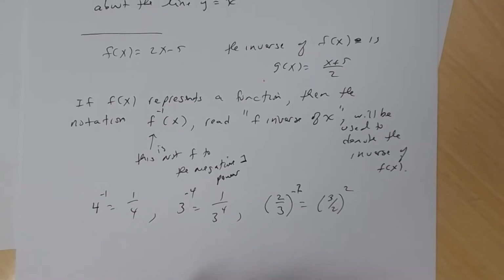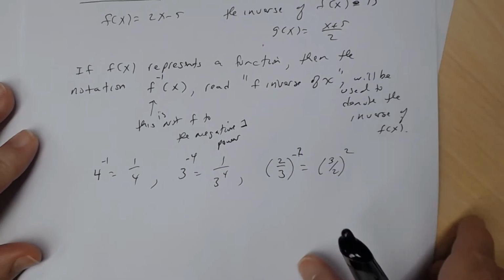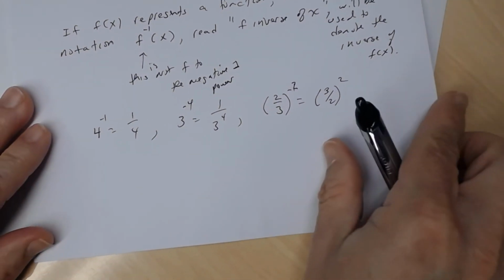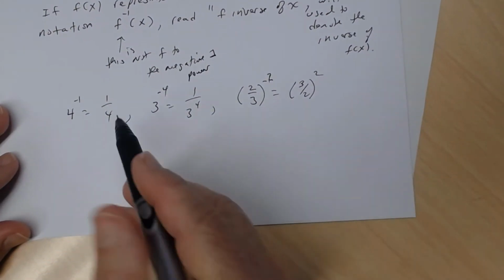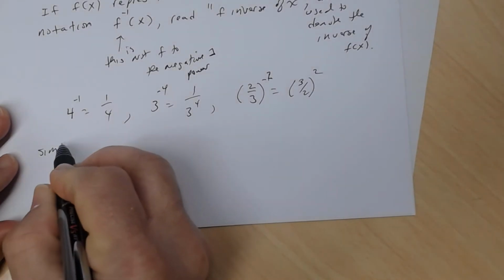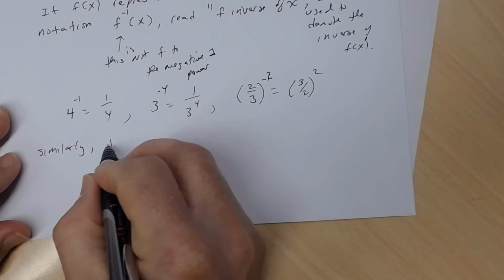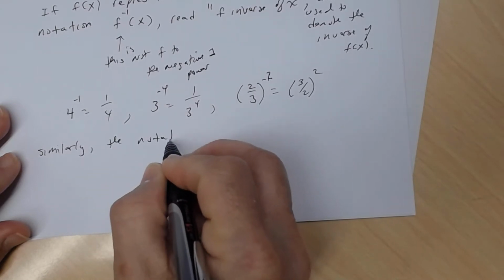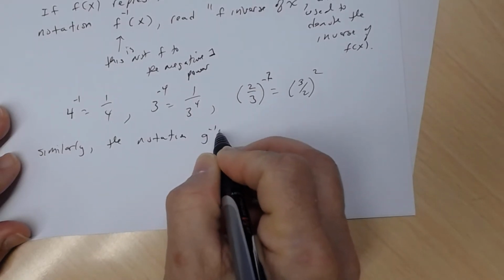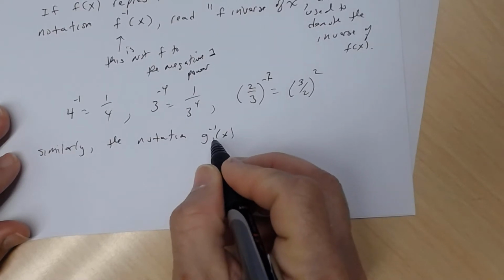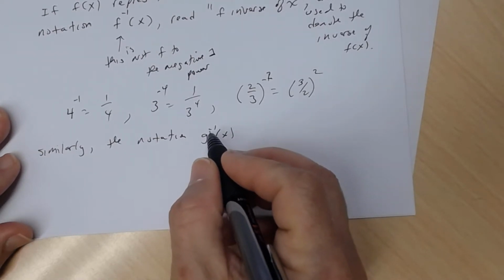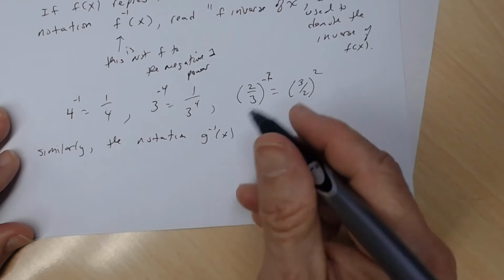And remember, you don't always have to use f inverse of x. You could use different function names. Similarly, the notation g inverse of x. Remember this notation right here. Again, when you have function notation, this does not mean a negative 1 power.